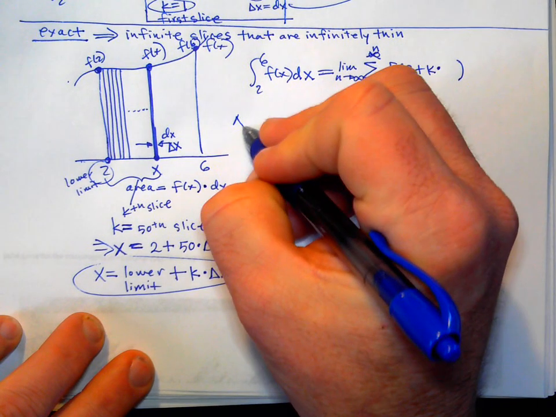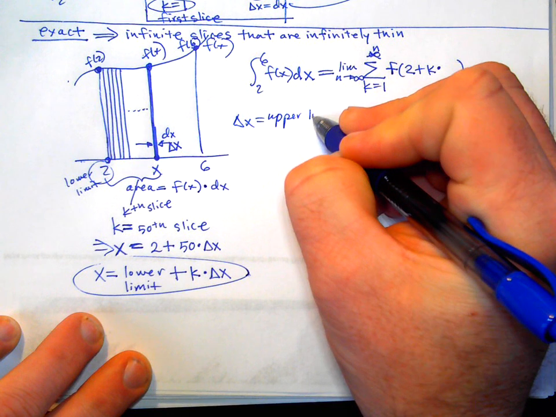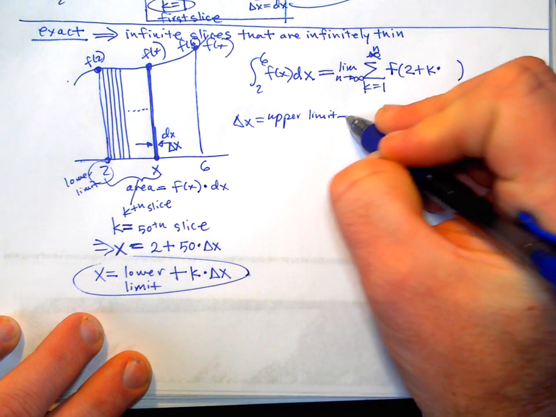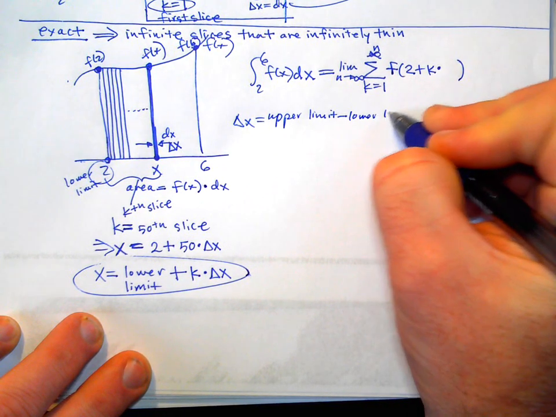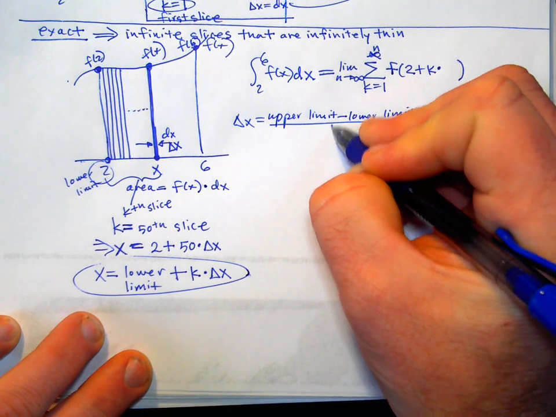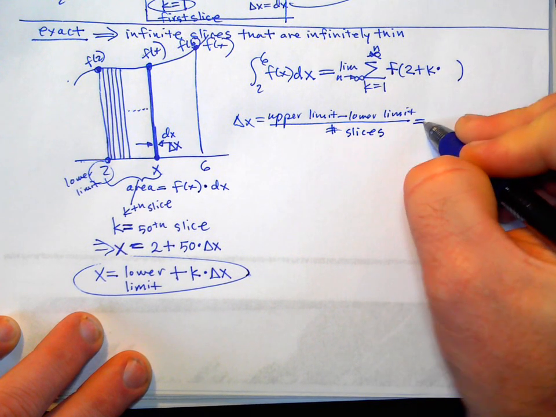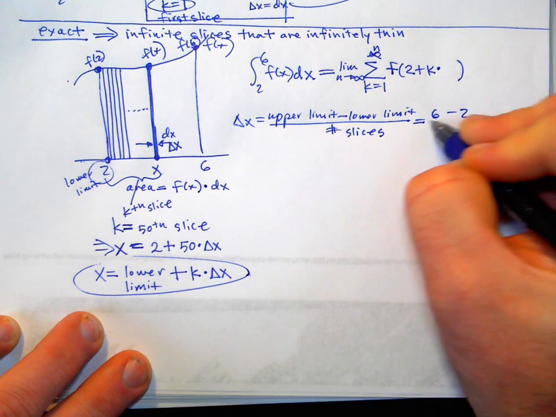So delta x, the thickness of the slices, is still going to be the upper limit minus the lower limit divided by the number of slices. Same exact thing I wrote up above. But this time, the upper limit and the lower limit are still 6 minus 2.